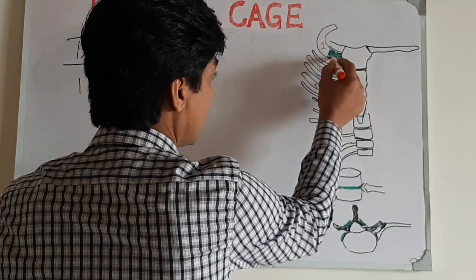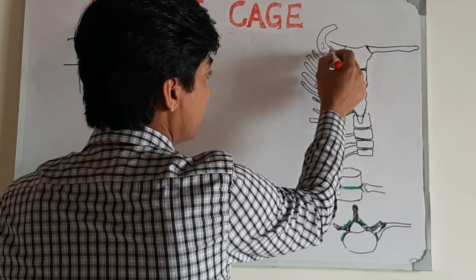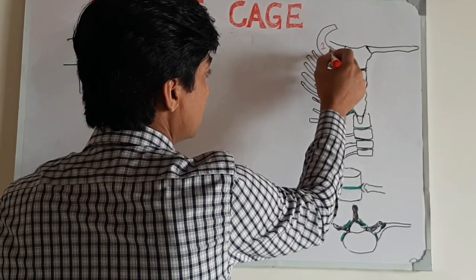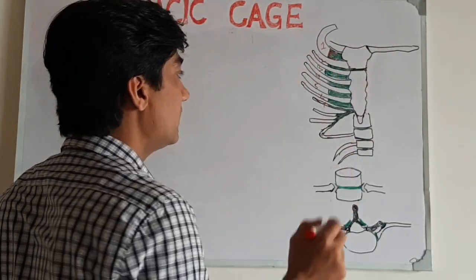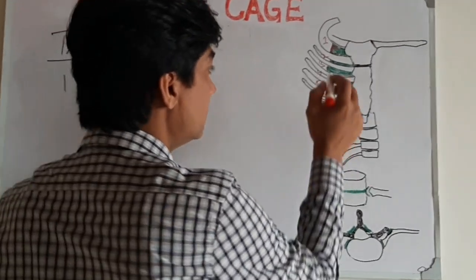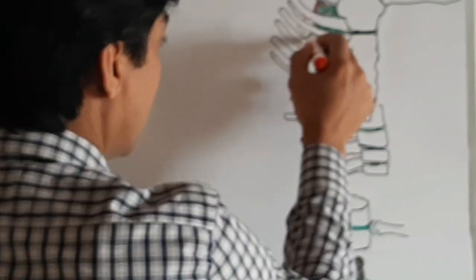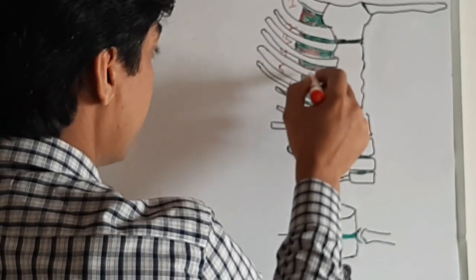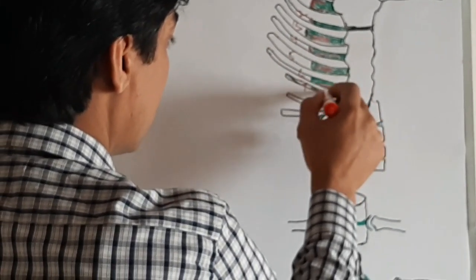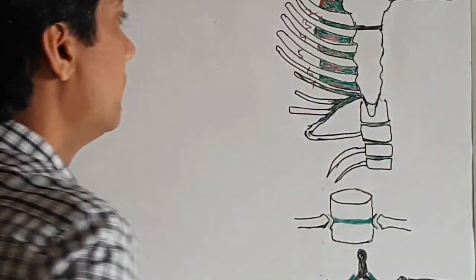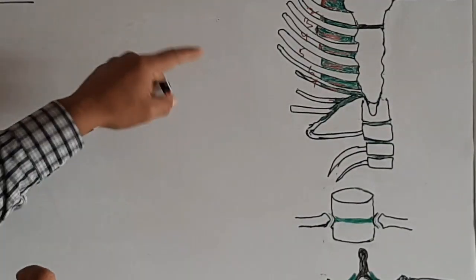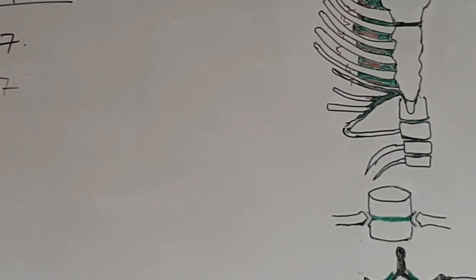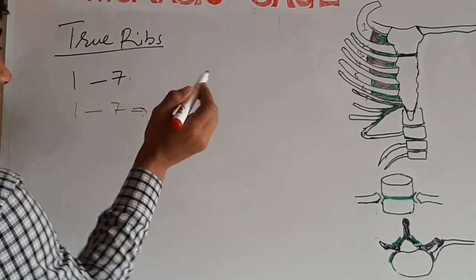This is the costal cartilage. Ribs are not attached to the sternum directly. They connect with costal cartilage, a form of hyaline cartilage. Posteriorly, they connect with thoracic vertebra 1 to 7, the same attachment.